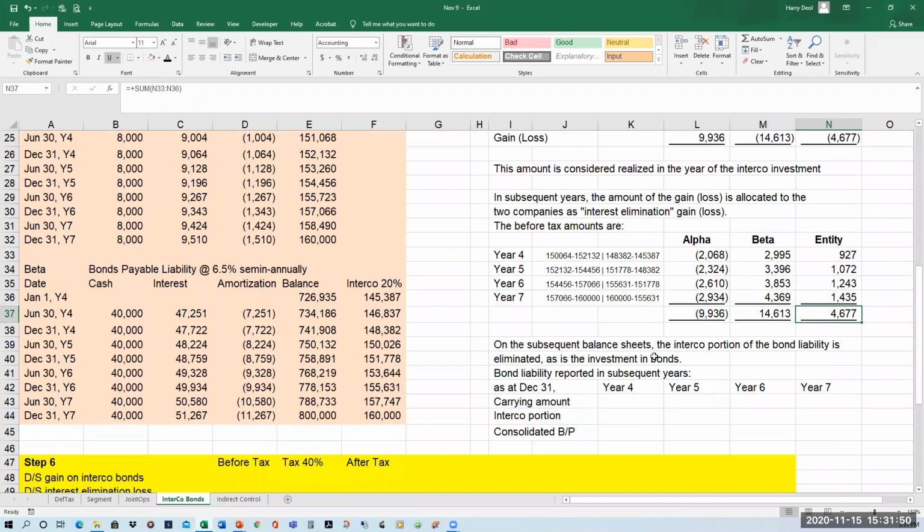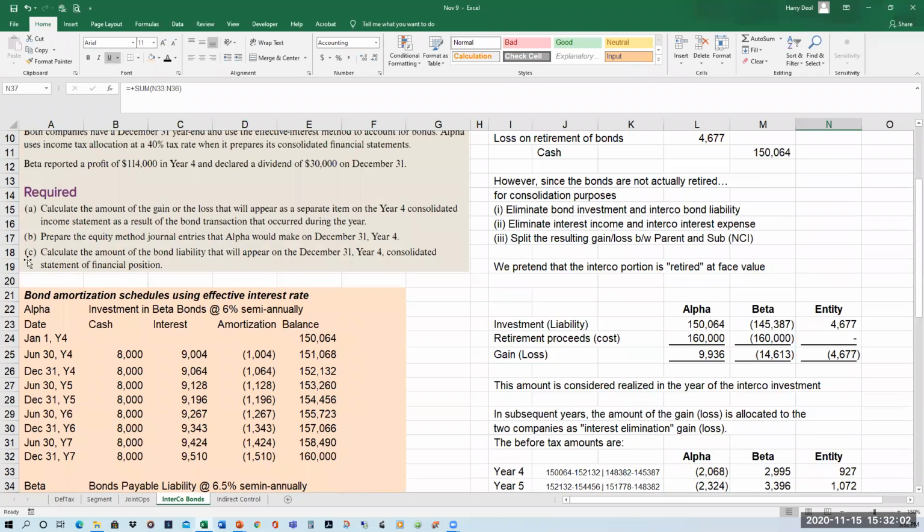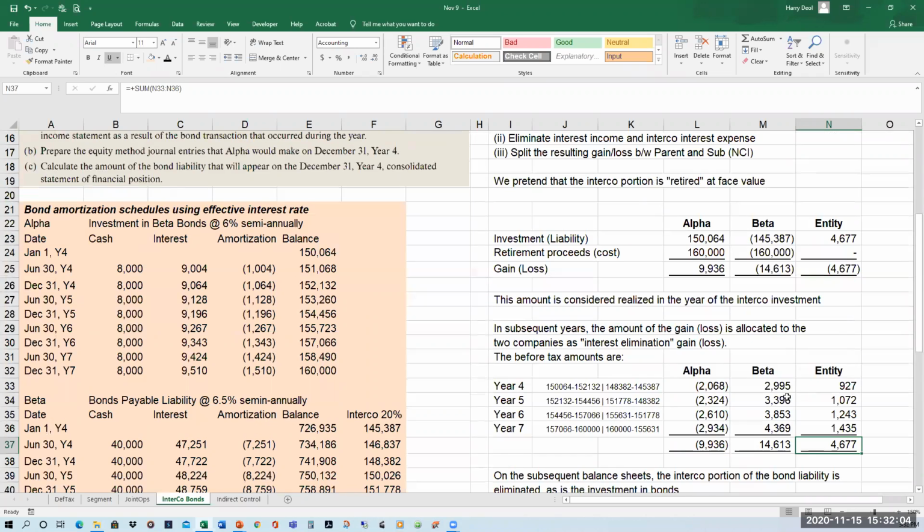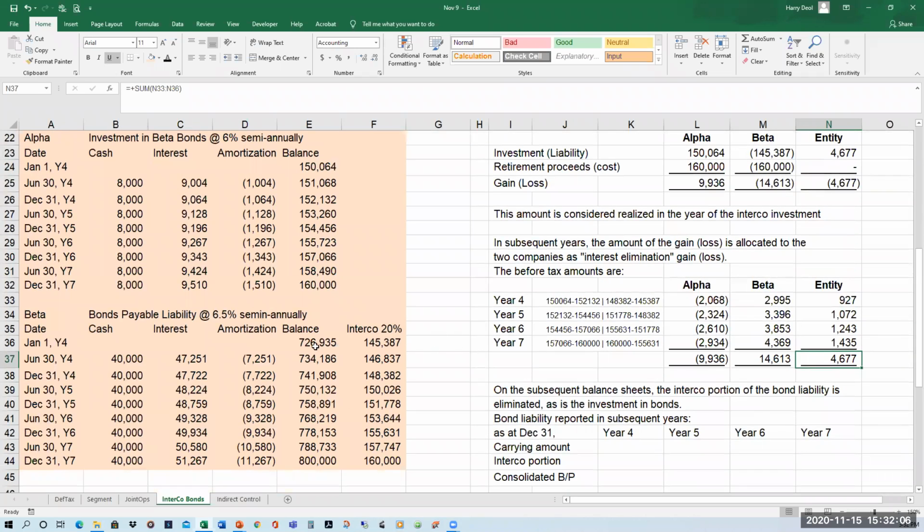Now, on subsequent balance sheets, the intercompany portion of the bond liability is eliminated, as is the investment in the bonds. The amount of bond liability that will be reported in subsequent years, this is the answer to part C, what amount will be reported. So the carrying amount on December 31st, year four, you can see here is 741,908.